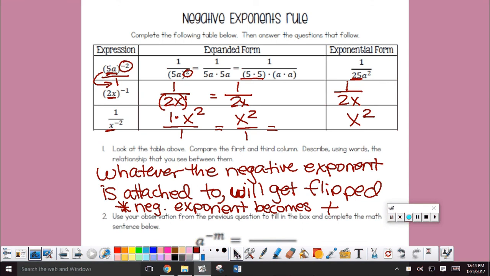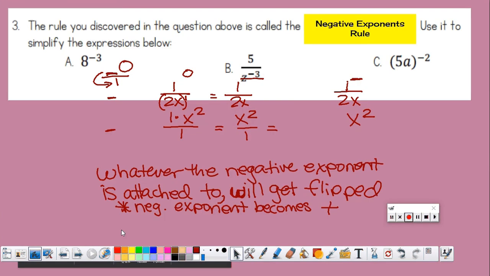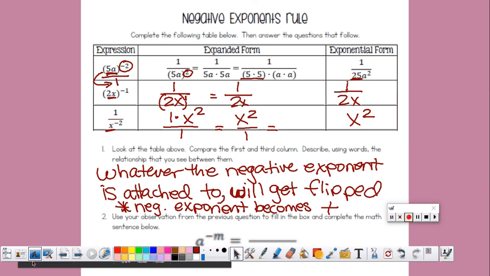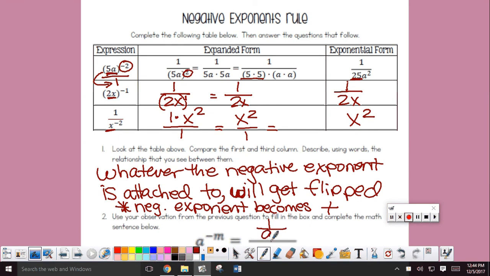It's going to be a to the positive m, but where? On the bottom. It's going to be in the denominator. So it's going to be 1 over a to the positive m. Perfect.